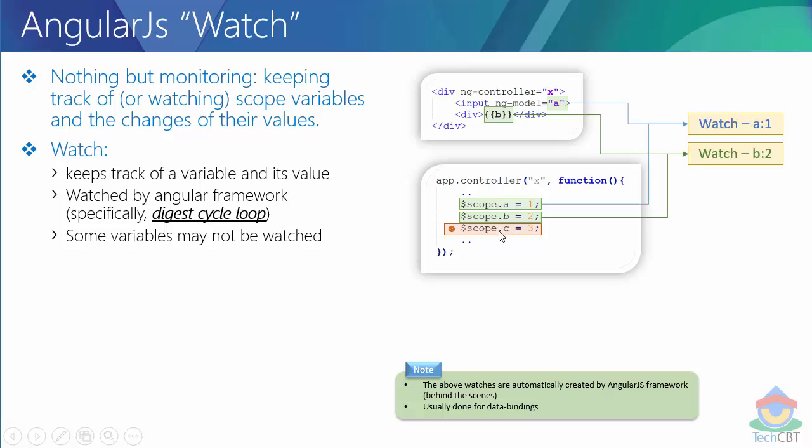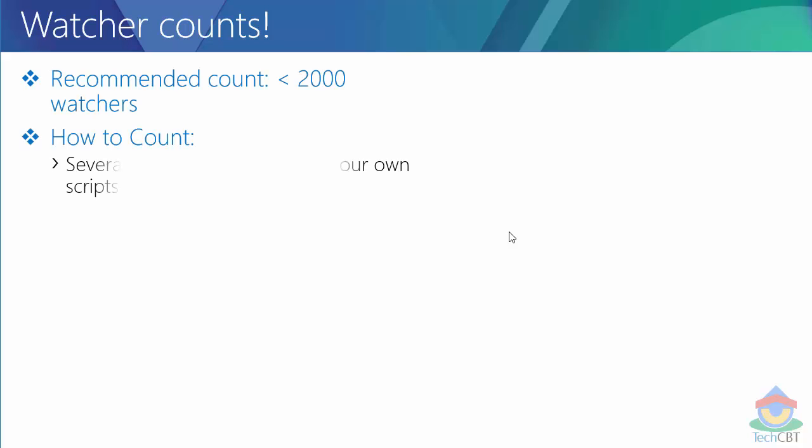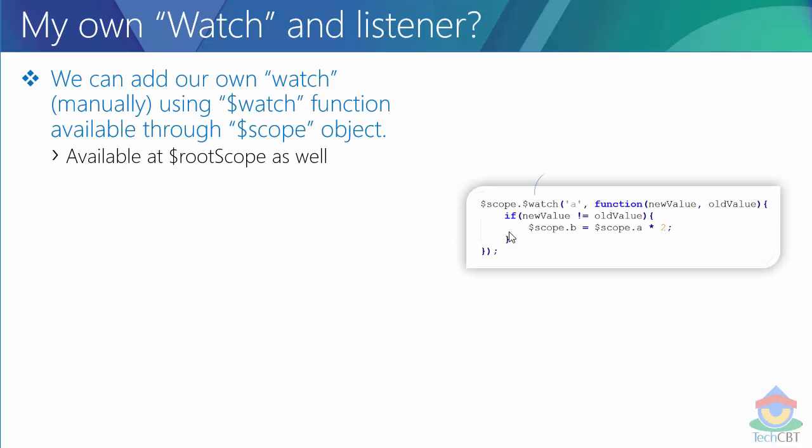But for some reason, let us consider I would like to have the scope variable C to be watched and considered by AngularJS. As AngularJS does not consider the scope C automatically, it is our job to ask AngularJS to watch that particular scope variable C, and that can be easily accomplished using $watch, and that's exactly what I was talking about.